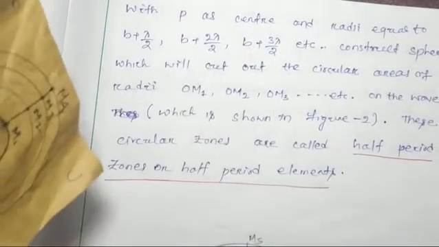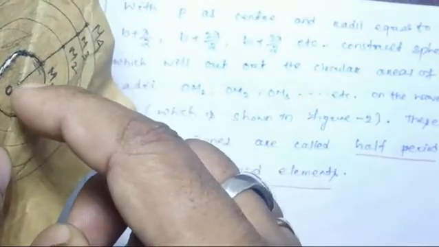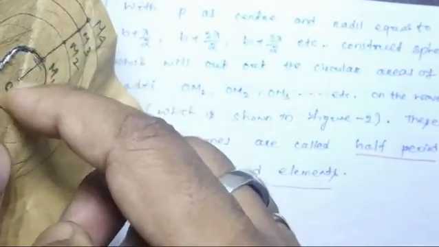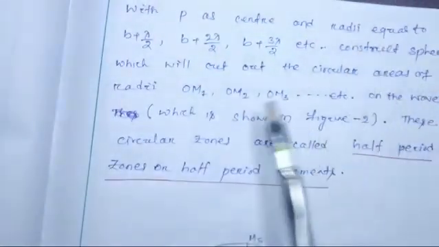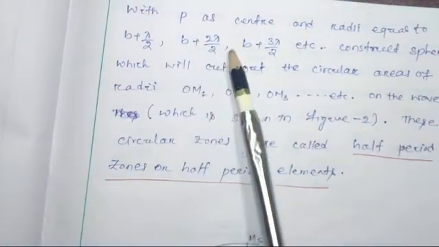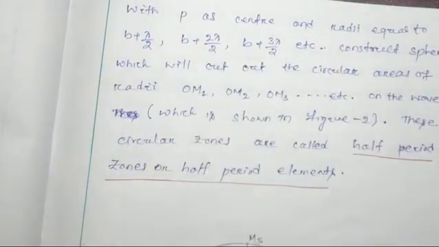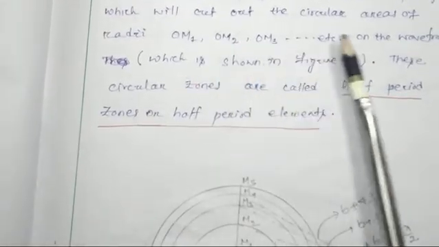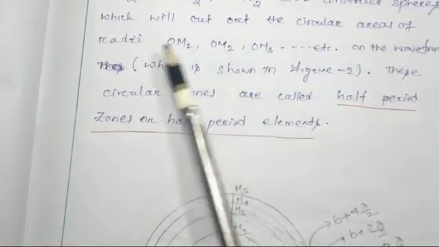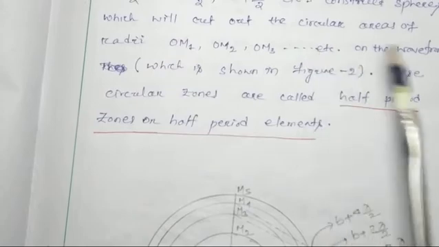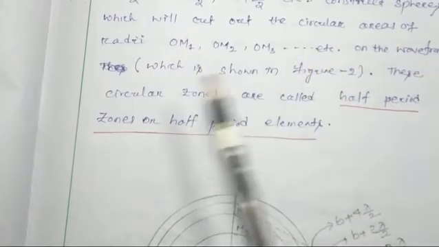Another sphere gives the circular annulus with radius OM2, which is B plus 2 lambda by 2, and like that. So the circular areas of radii OM1, OM2, OM3 on the wavefront are shown in figure 2.